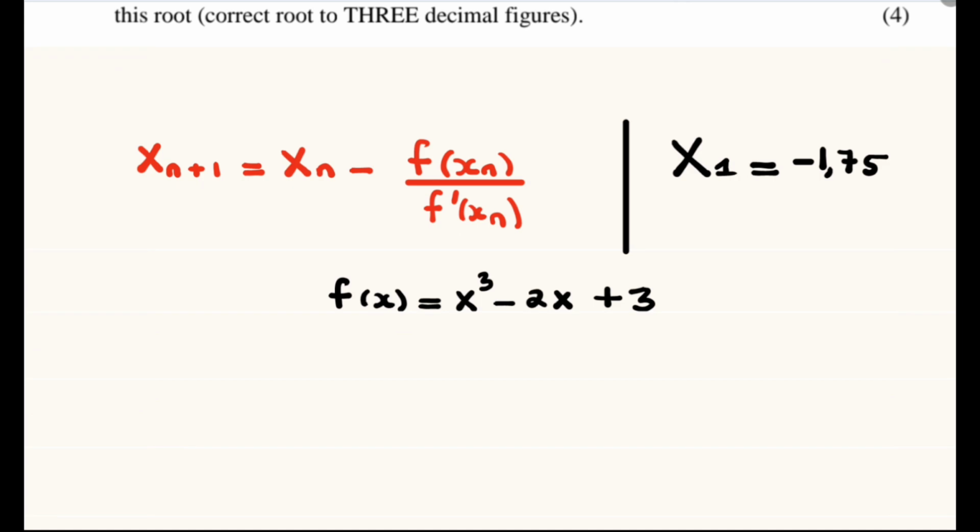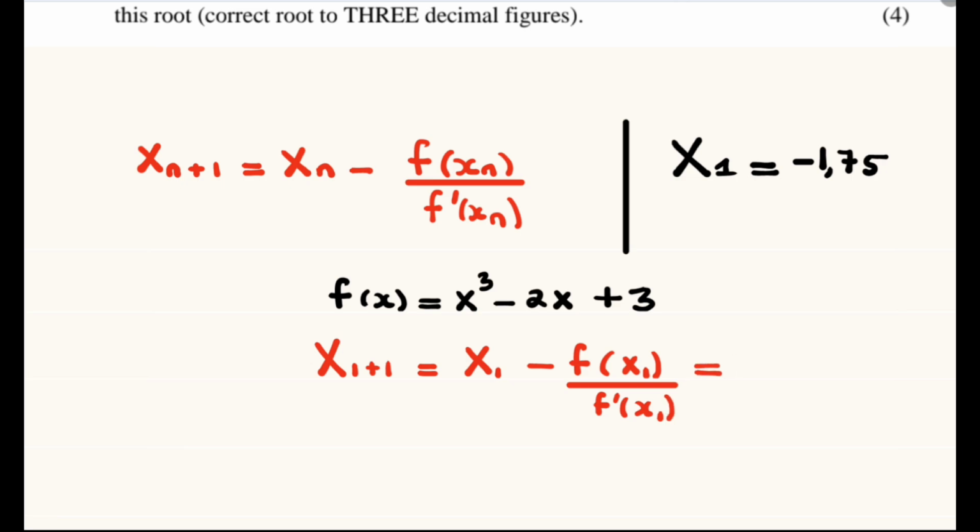And when we substitute into that formula, x1 in the place of the n plus the 1 will be equal to x1 in the place of the n minus f of x1 divided by the derivative of the f of x1.